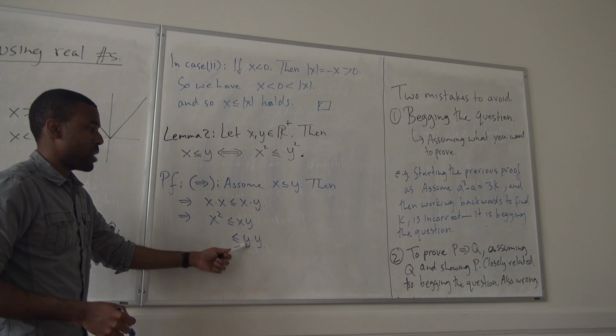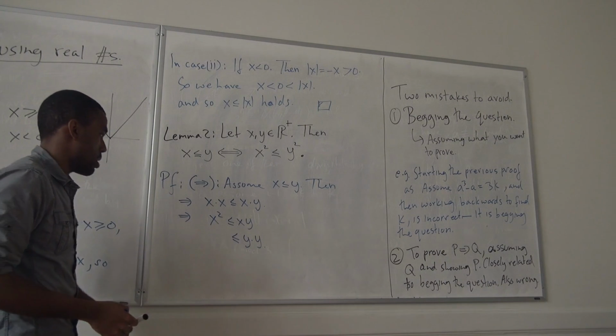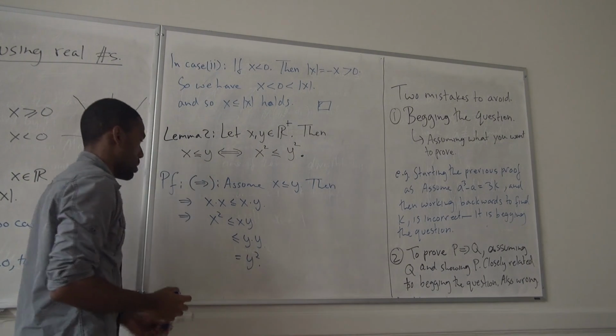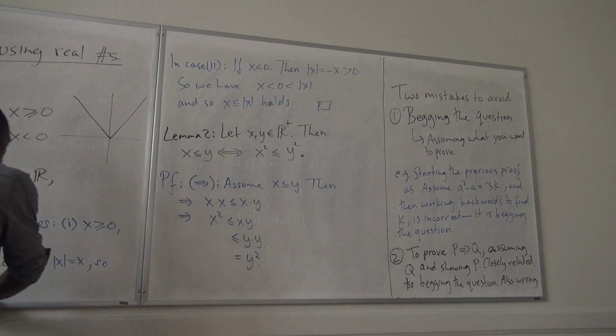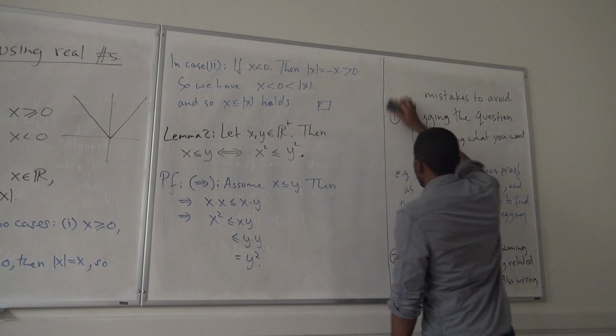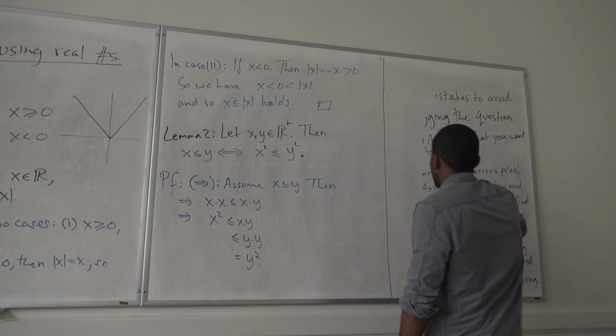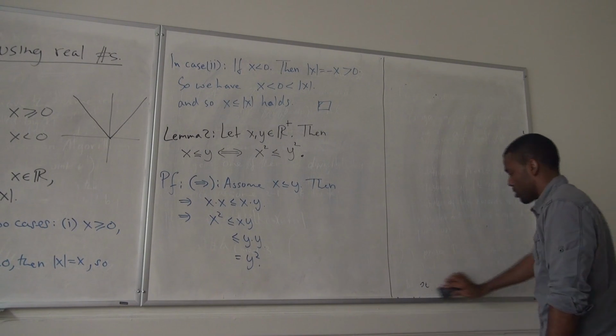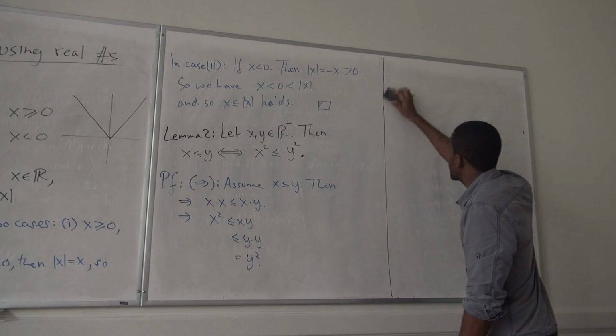If I replace x by something bigger, I get a bigger expression, which is y squared. Okay. And now let's go the other way. What if we know the squares have a certain order? How do we know we can just take the square root of both sides, the positive square roots, and not worry about it?